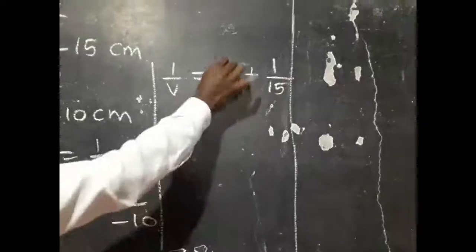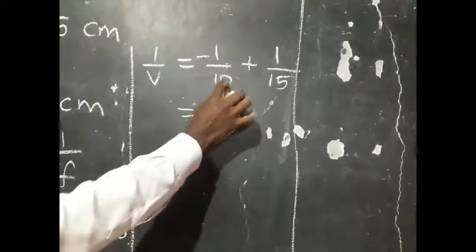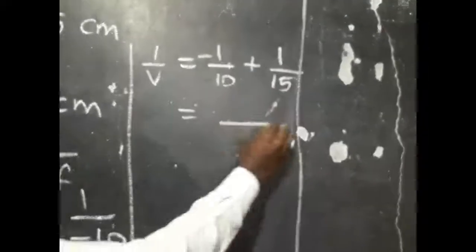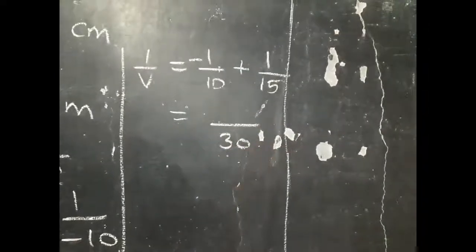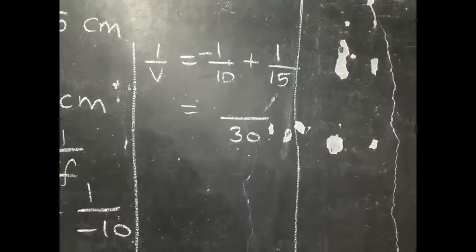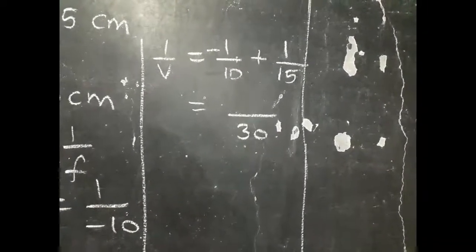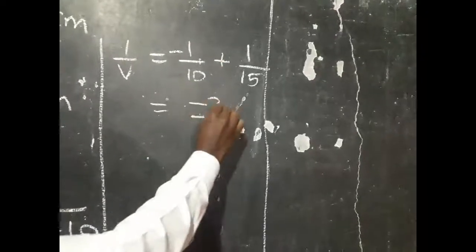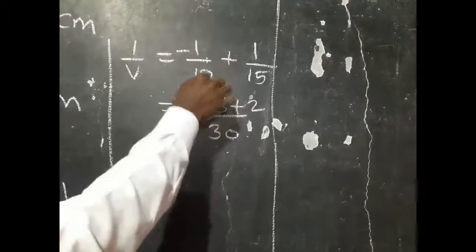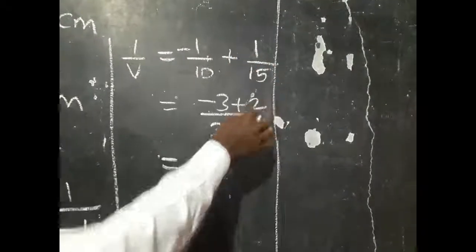Taking the LCM of 10 and 15, that is 30. Next we take minus 3 plus 2, since 3 tens are 30 and 2 fifteens are 30.